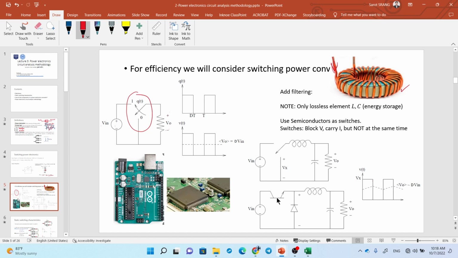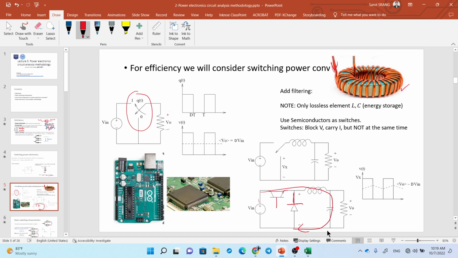For example, here you use one transistor and one diode. When this one is on, high potential here pushes this way, but this one blocks it. So no current flows here, current only flows this way, right?